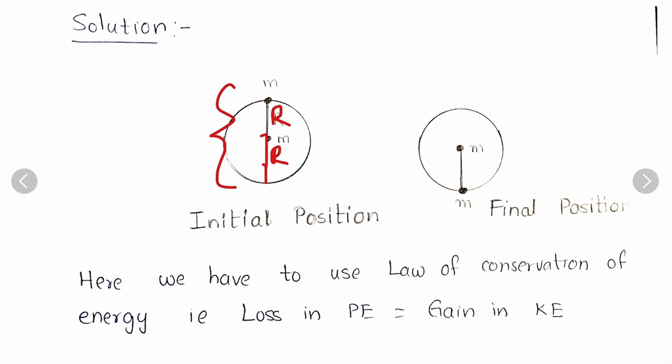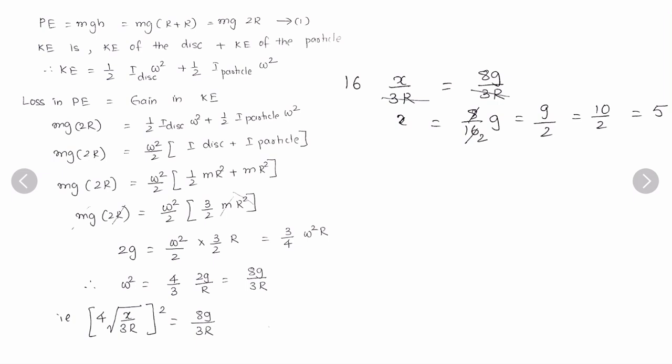So loss in potential energy is, you can see here, mg(r plus r), which is mg2r. Let it be equation number 1, and that is equal to gain in KE. What is KE? KE of the disk plus KE of the particle.